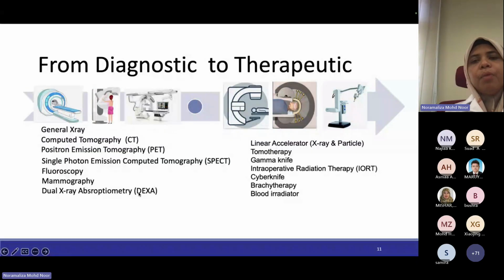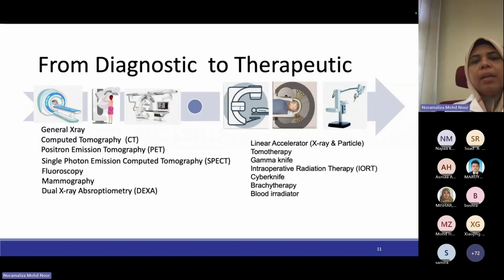And for therapy, usually we use the linear accelerator, tomotherapy, gamma knife, intraoperative radiation therapy, CyberKnife, brachytherapy, and blood irradiator.